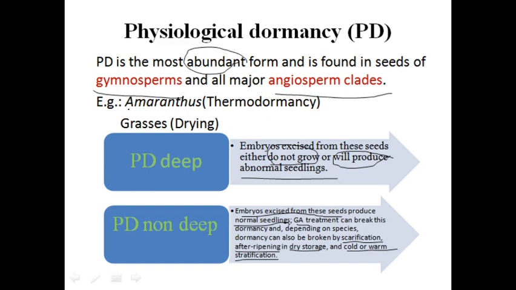This is a leafy vegetable and many of the species are common weeds. The seeds of Amaranthus show thermodormancy, that is, they need a high temperature for germination, while some grasses of arid regions need a period of drying for their germination.